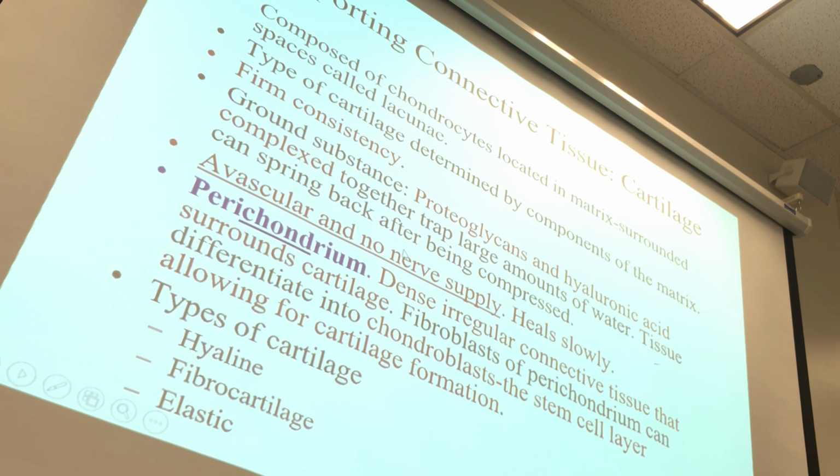It's got lots of proteoglycans and hyaluronic acid complex together. If it was just hyaluronic acid, remember, it'd be like a gel. But now we add proteoglycans and hyaluronic acid together. It traps the water, right? And makes it more solid in nature.